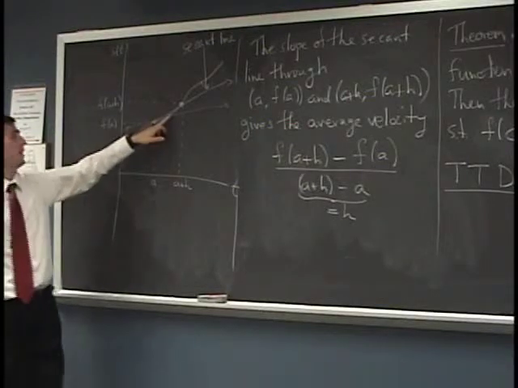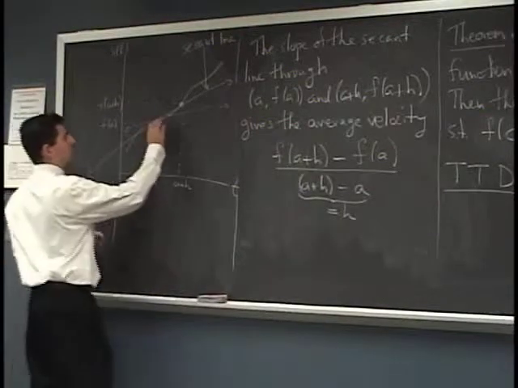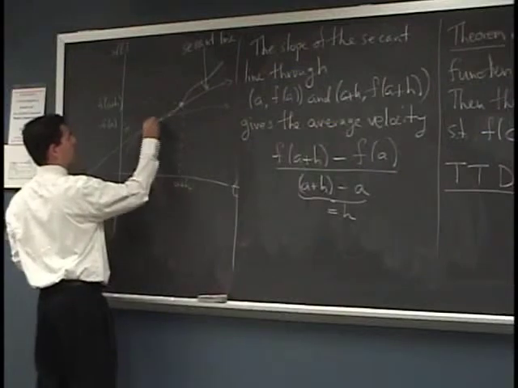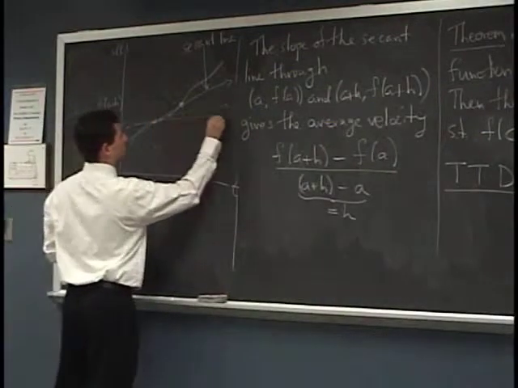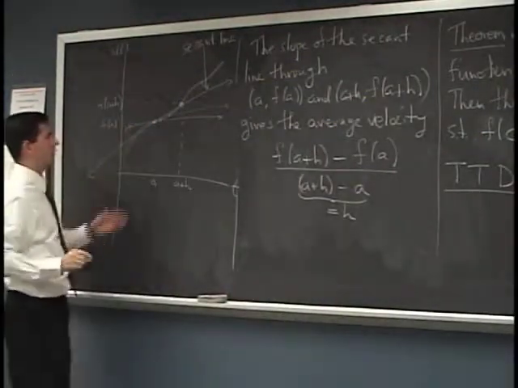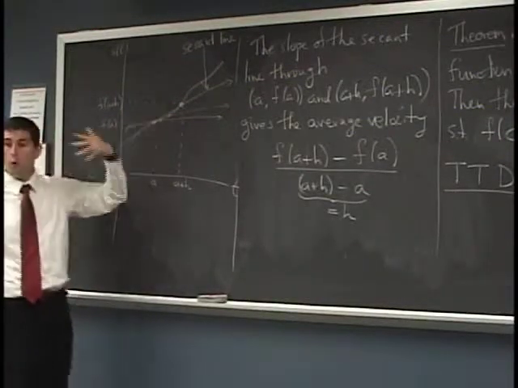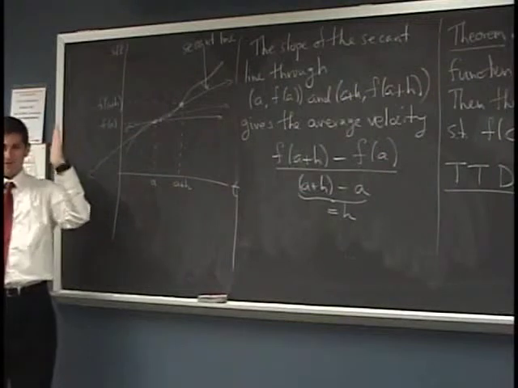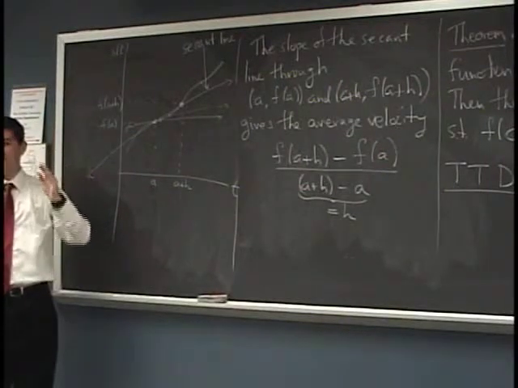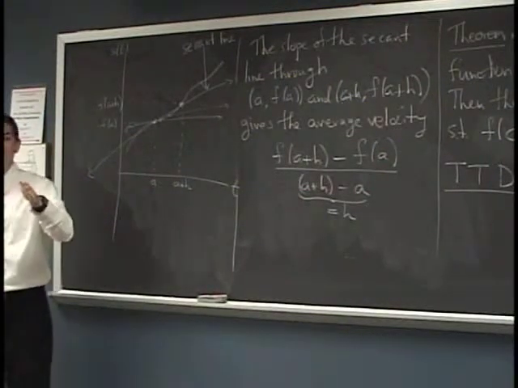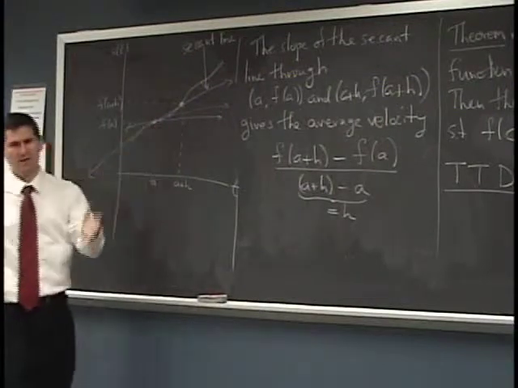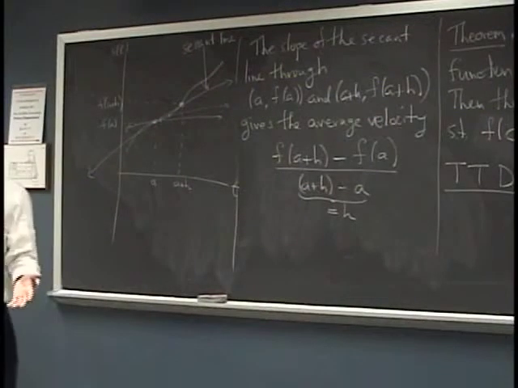So as we start getting this closer and closer, the line that we get is moving and moving, but what we hope is that it actually starts to converge to something. That is, it gets closer and closer to some target. And of course, when I say target, what word are you thinking?